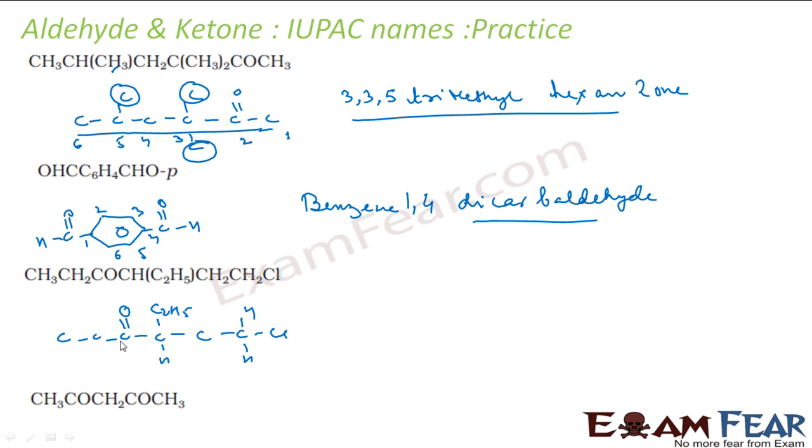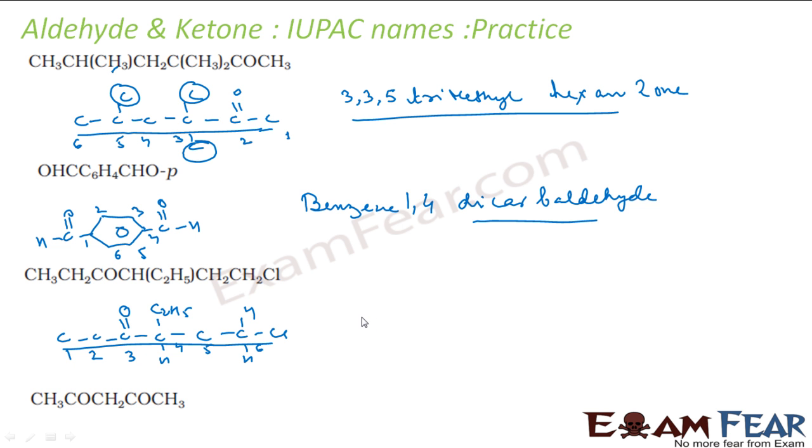This is a ketone because this is my carbonyl group and there are 2 alkyls attached. So let's number this in this fashion so that this gets the lowest number. The best way is to number in this fashion 1, 2, 3, 4, 5, 6. Correct? Because with this you get the least number. If you number in this fashion 1, 2, 3, 4, this gets number 4. 1, 2, 3, this gets number 3. This is a better way.